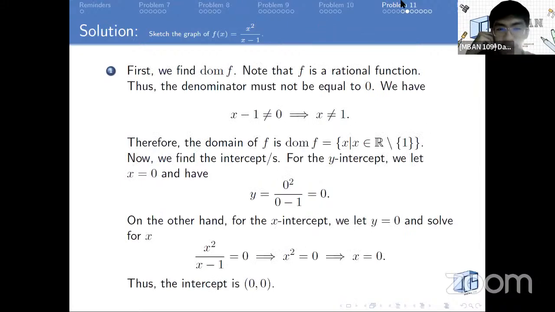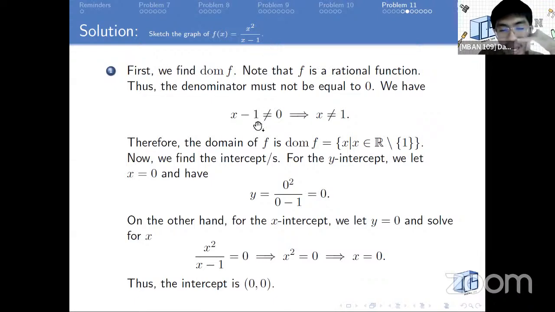Firstly, we find the domain of f. Note that f is a rational function, thus the denominator must not be equal to 0. So ang domain agad natin, dahil nga sa rational function natin, yung x squared over x minus 1, ang denominator natin ay x minus 1.